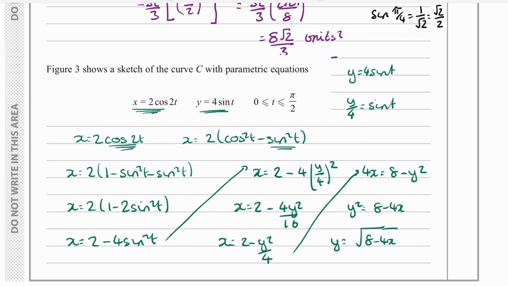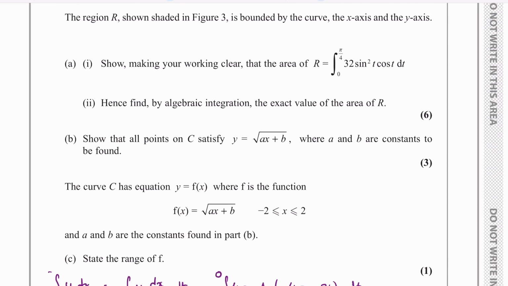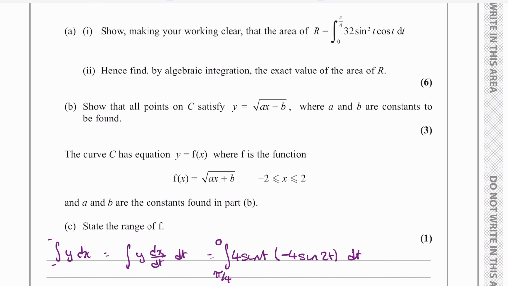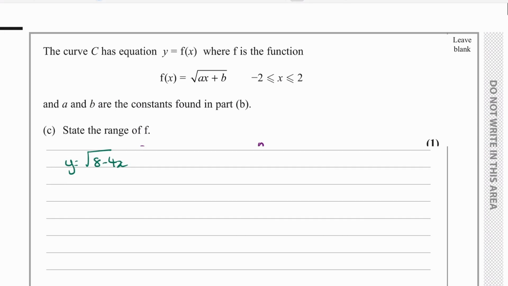For part C, we're told that x has a domain between -2 and +2. We need to find that resulting range. So all we need to do is substitute in x equals -2, and we'll get y will be the square root of 8 minus 4 lots of -2. This will give us y is the square root of 8 plus 8, which is root 16.